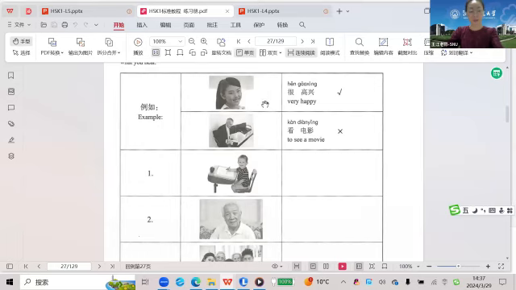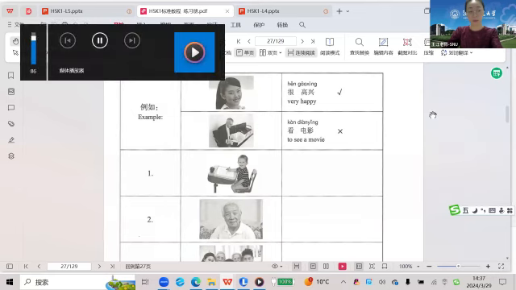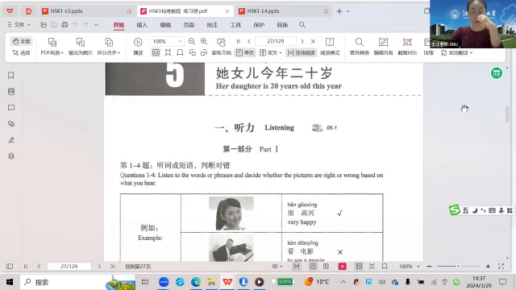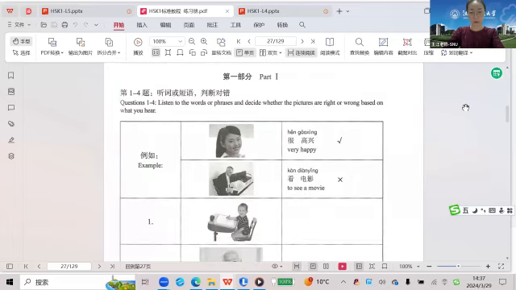第5课，他女儿今年20岁。Lesson 5. Her daughter is 20 years old this year. 1. 听力 1. Listening. 第1部分 Part 1. 第1到4题，听词或短语，判断对错。Questions 1 to 4.